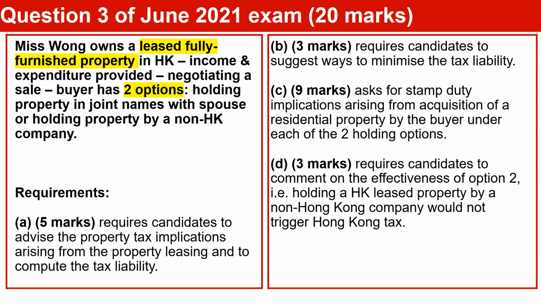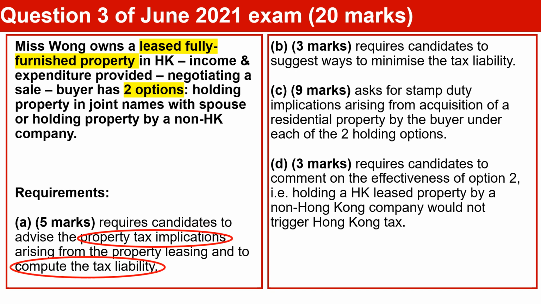This question involves a Miss Wong who has a leased fully furnished property in Hong Kong. She is negotiating a sale under 2 options. There are 4 requirements. I'll quickly run through them one by one.